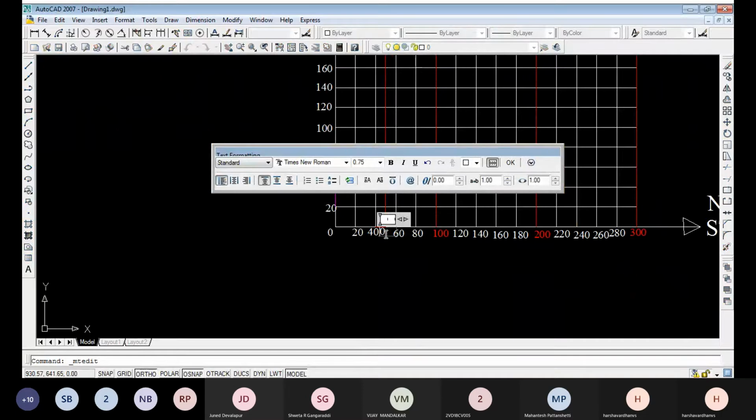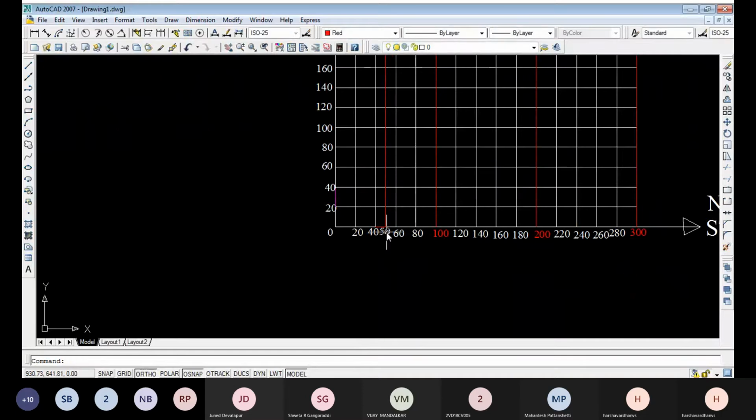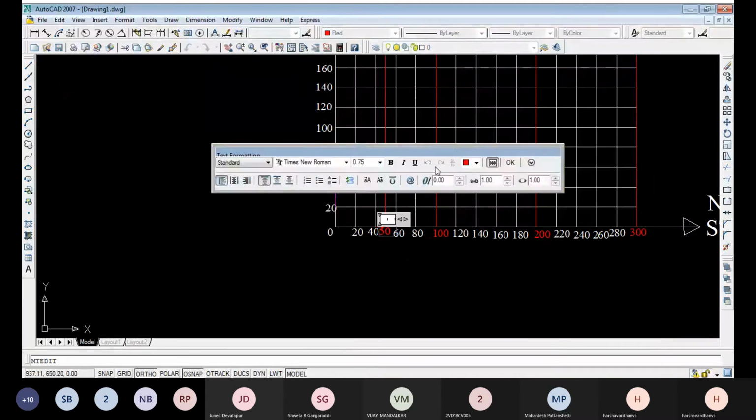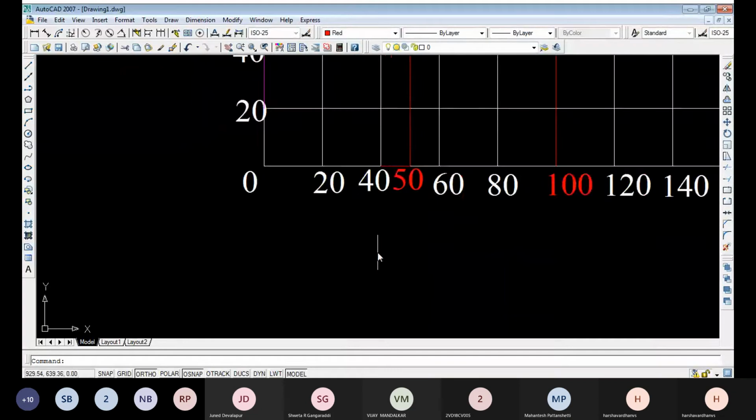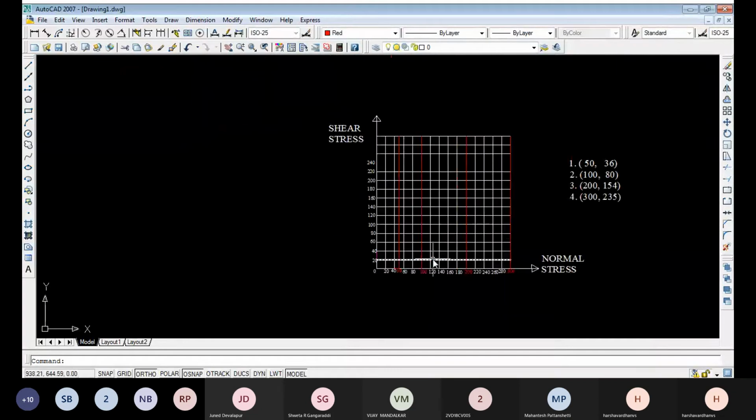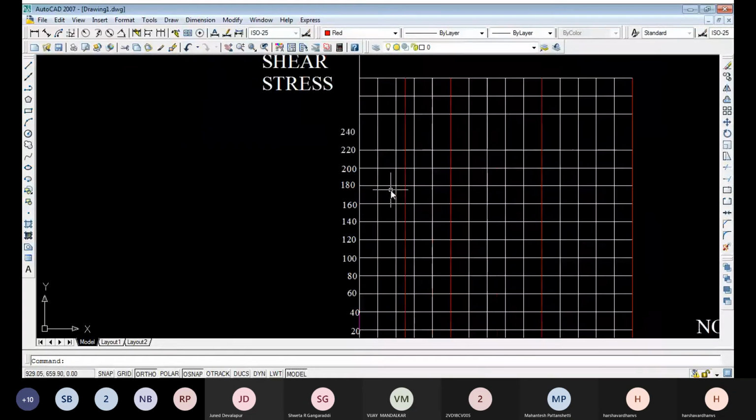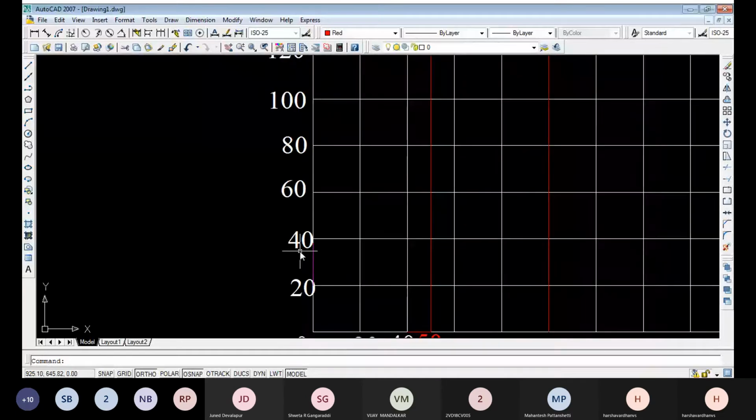Okay, we have marked all the x coordinates. Then I'll mark my y coordinates. You can mark directly x, y.